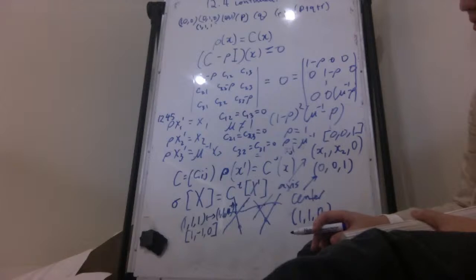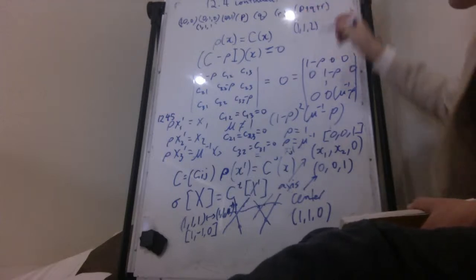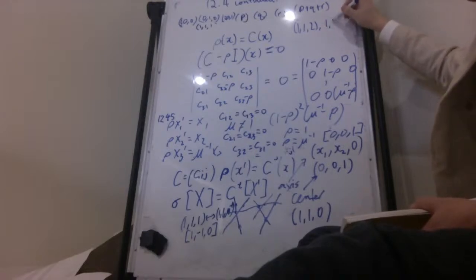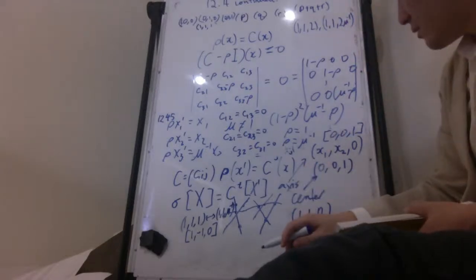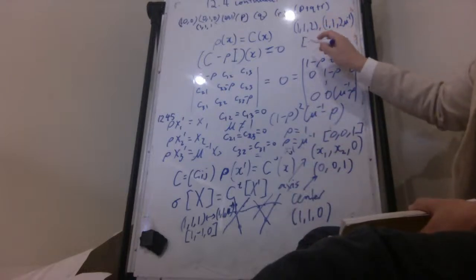Now let's take another point. Here we take like 1, 1, 2, and this goes to 1, 1, 2 mu inverse. I feel like I have not done anything important here. So the same line seems to go through them.